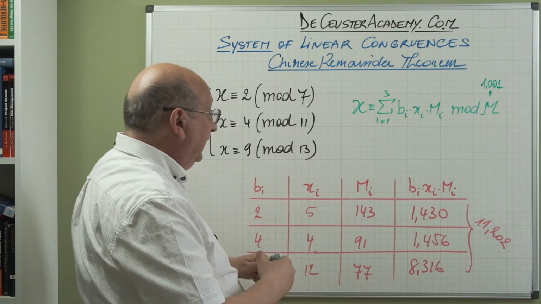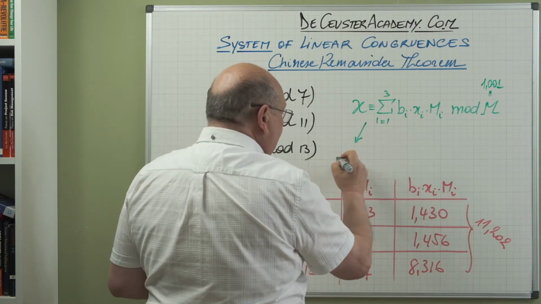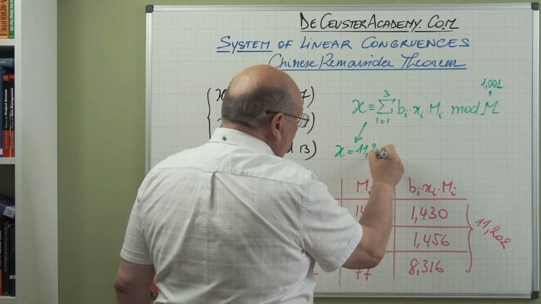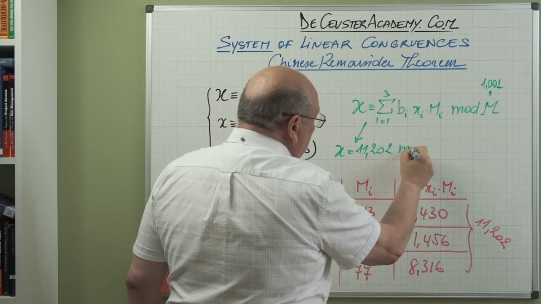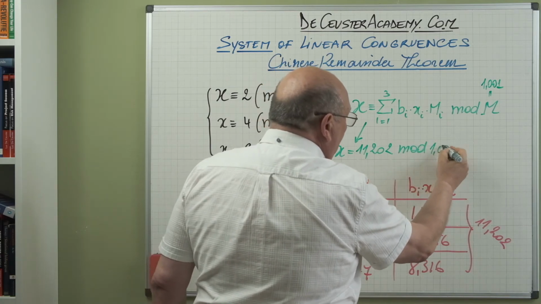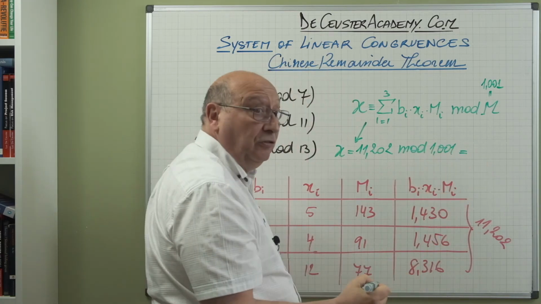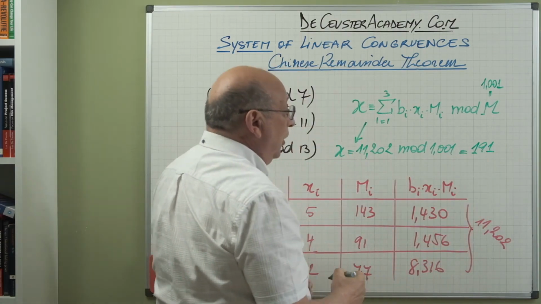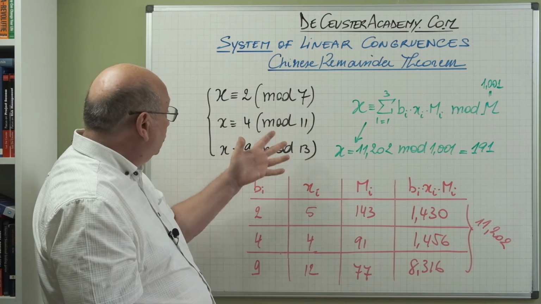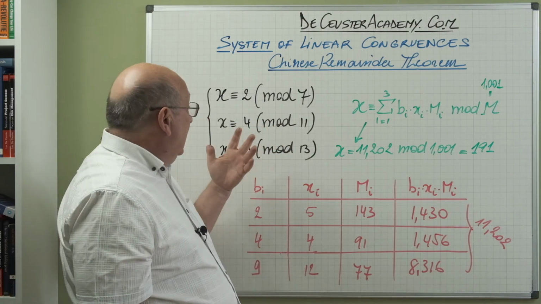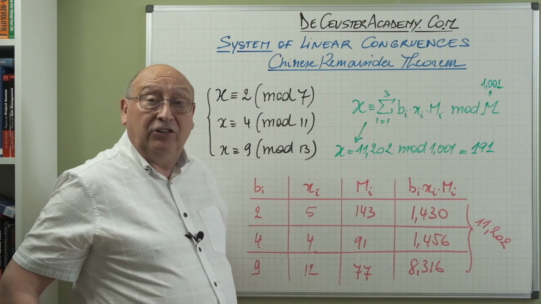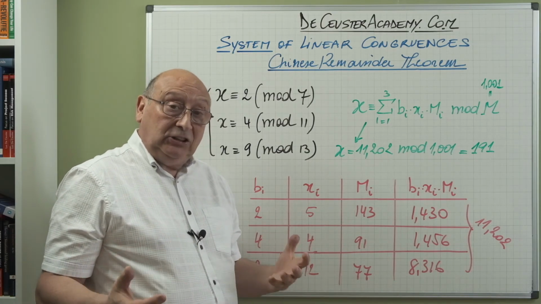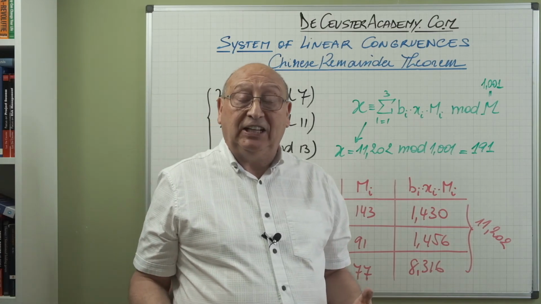So we can complete this now. We can say that x is equal to 11,202 modulus 1001, which is in fact equal to 191. So the number that we are looking for that complies with those 3 linear congruences simultaneously is 191. This was the end of the second exercise.